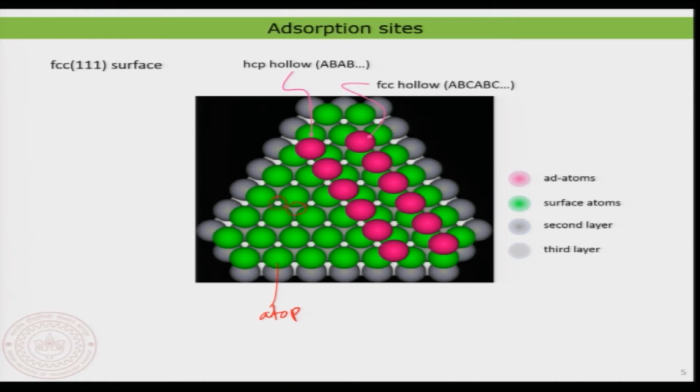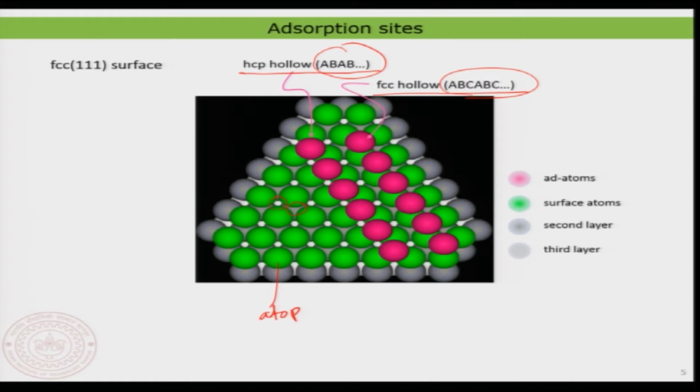And these two sites can both be occupied by atoms, and they are known as the HCP hollow site and the FCC hollow site. So, this is something you might also have studied in previous classes or earlier solid state related courses, where the HCP site is known as something like AB type packing, and the FCC site has something called ABC type packing.